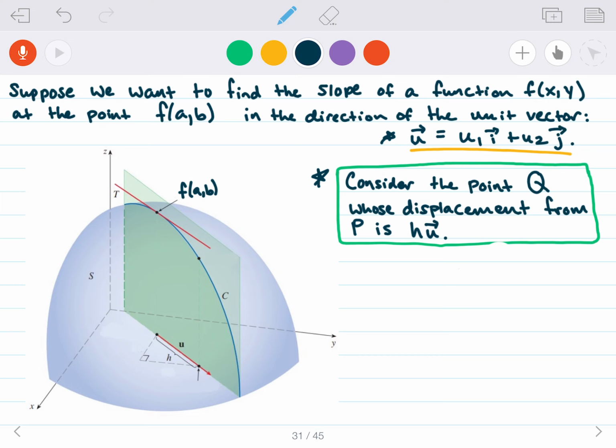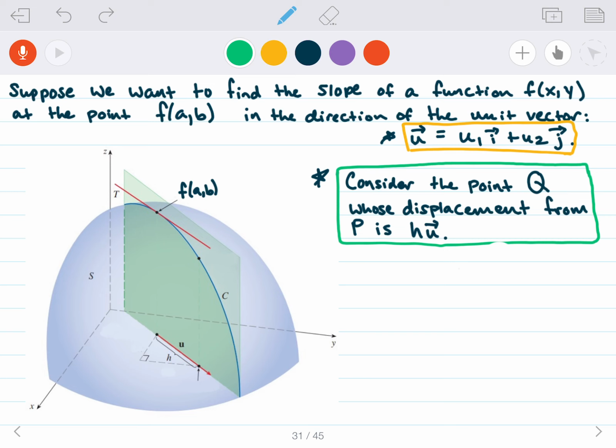So we want to find the slope of this function at some point in the direction of a specific unit vector. We have some random unit vector that's lying on the xy plane, so we can see it right here. This is our random unit vector, and because it's in the xy plane, it has an x component u1 and a y component u2.